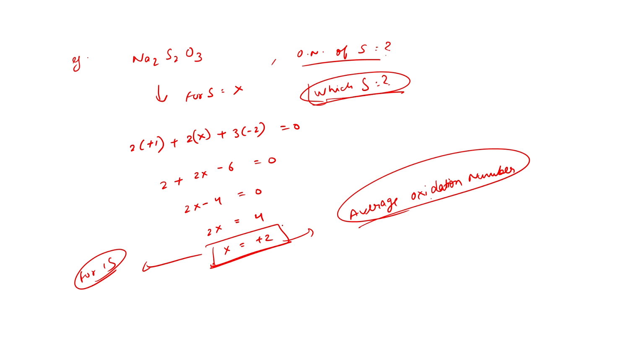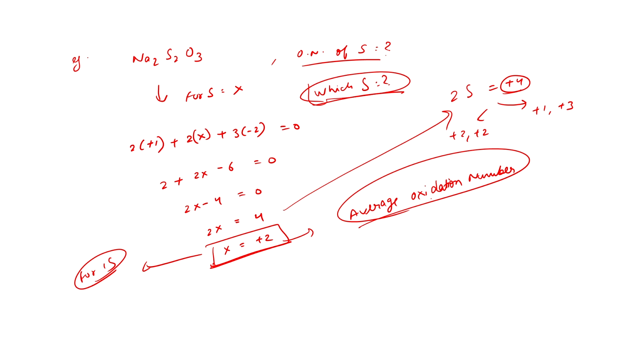Let us say 2 sulfurs are having a +4 charge together. It is possible that both have +2 and +2. It is possible that one has +1, one has +3, or any other.